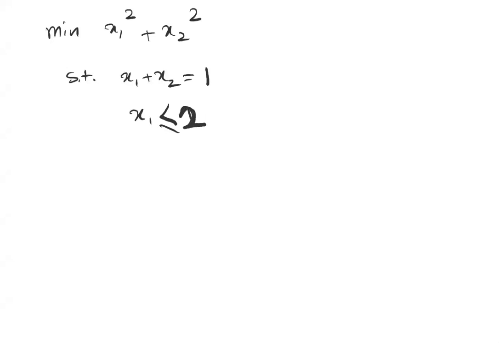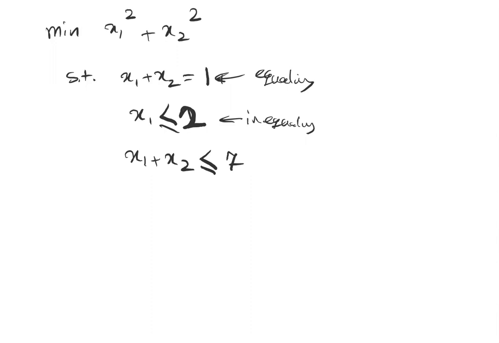All right, so in this case, we have both equality and inequality constraints. Let me define one more inequality constraint, x1 plus x2 less than or equal to 7.